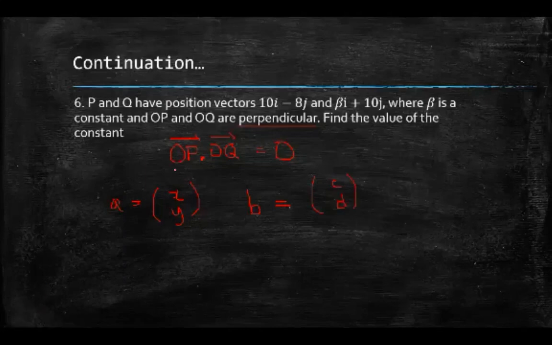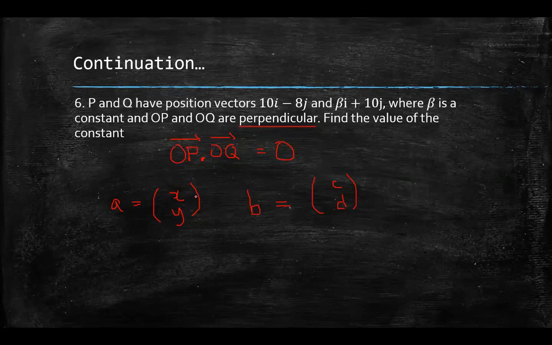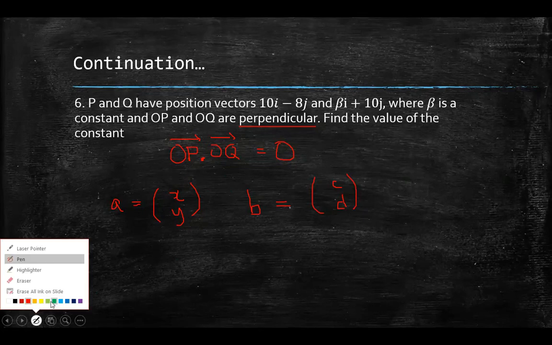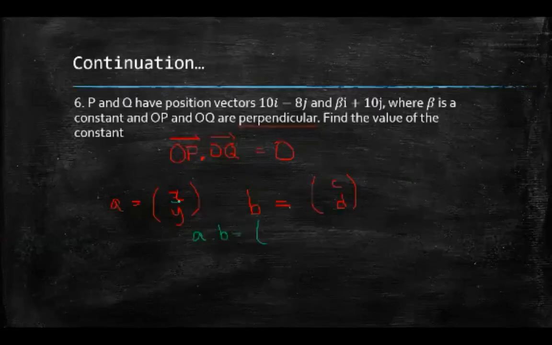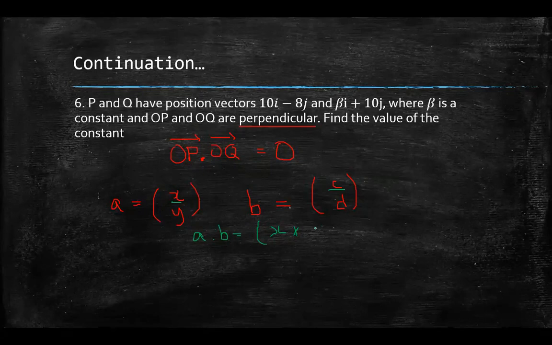If I want to find the dot product of these two vectors, aka multiplying the vectors, a dot b is equal to the product of the x components, so the top numbers, plus the product of the bottom numbers. That's how you find the dot product of two vectors, right?